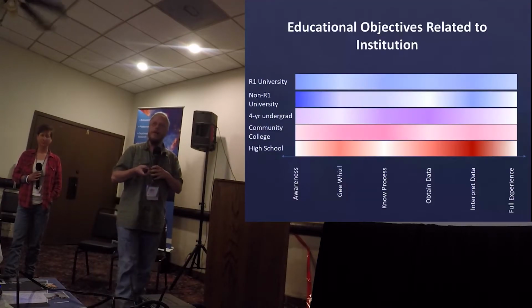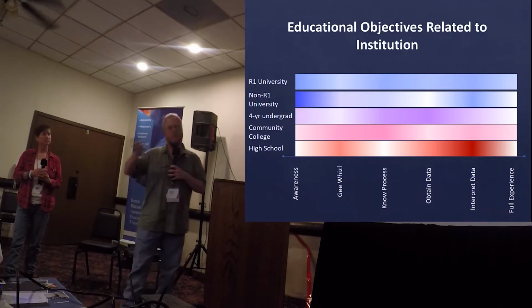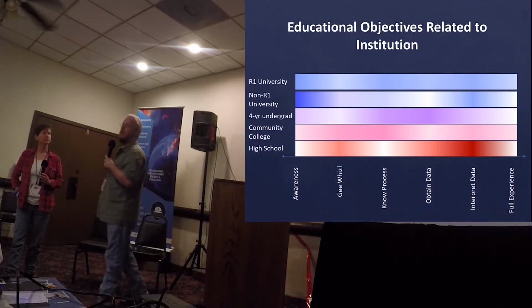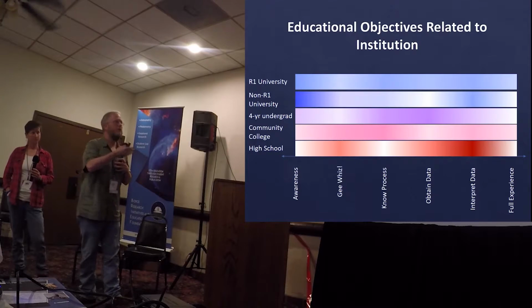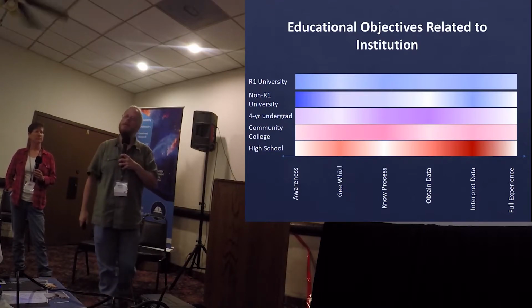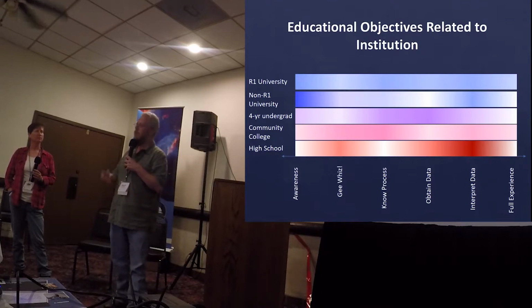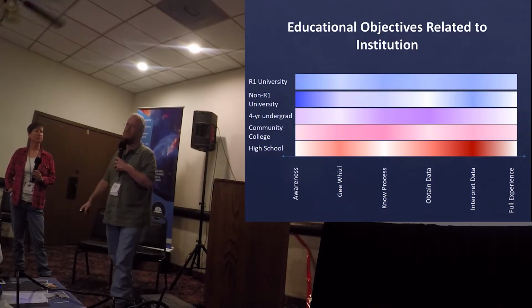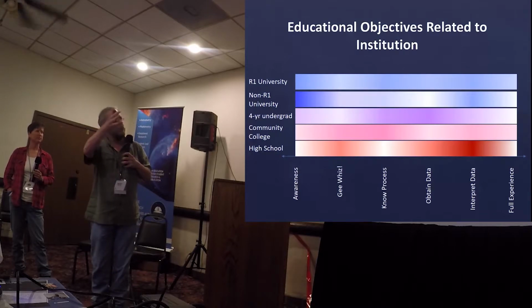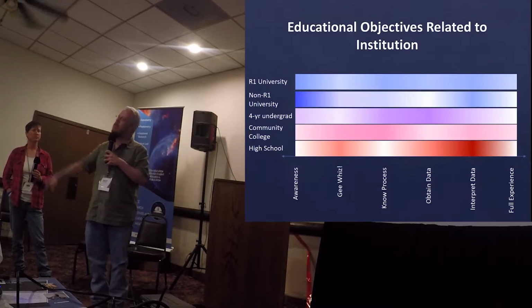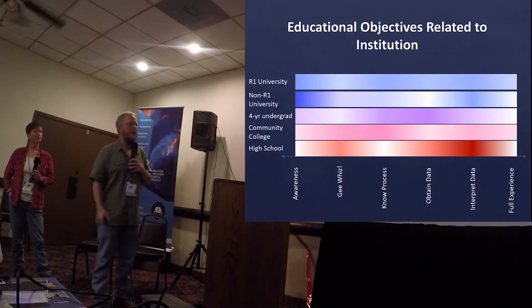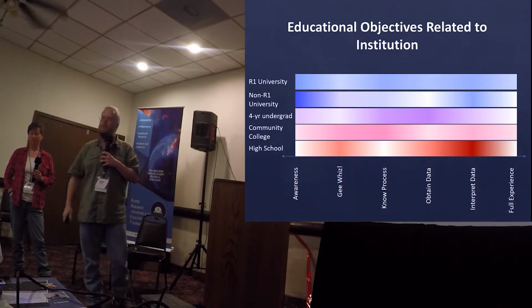In addition to asking for the types of outcomes or objectives you're looking at, we also asked for your institution. This graph represents, based on the type of institution, generally what type of outcome or objectives people were looking for. The different gradations and colors tell you how many people answered in each.